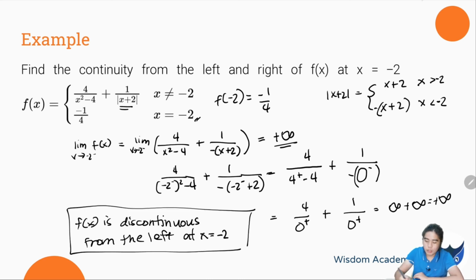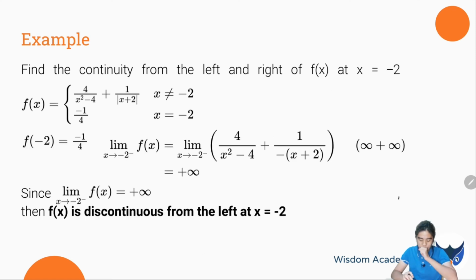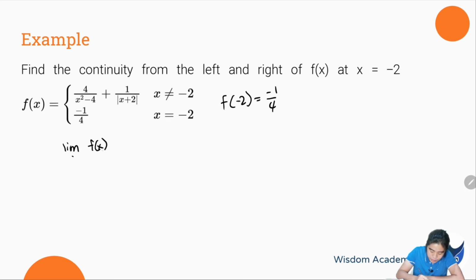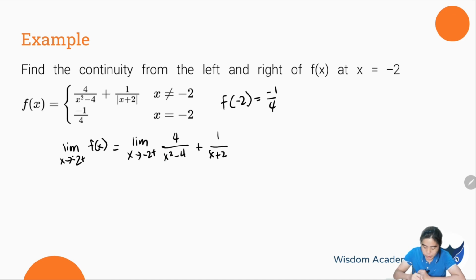Okay? So, yun. Finding continuity from the right naman, again, remember na f of negative 2 is equals to negative 1/4. So, the limit of f of x as x approaches negative 2 from the right will be equal to, since we are finding from the right of negative 2, the absolute value of x plus 2 will be equal to x plus 2.